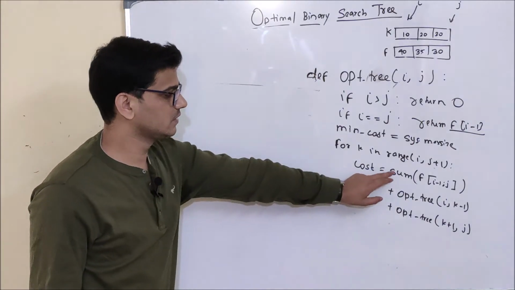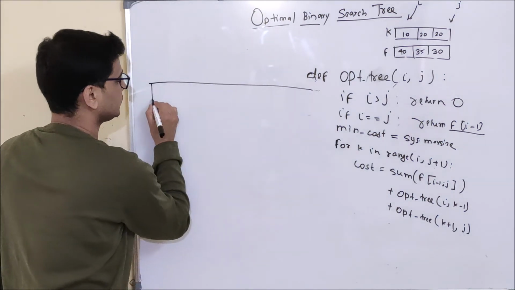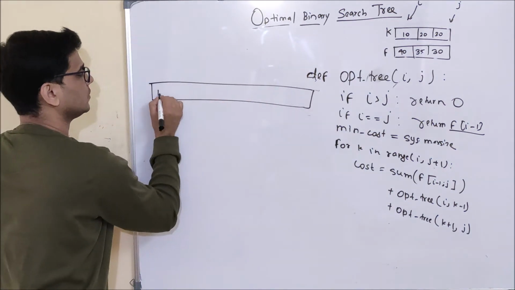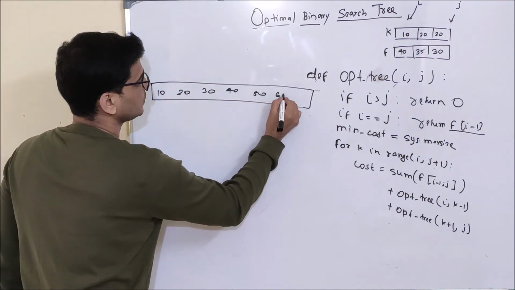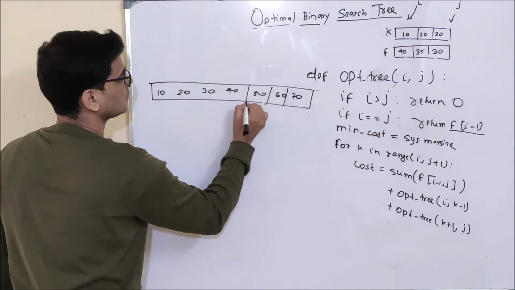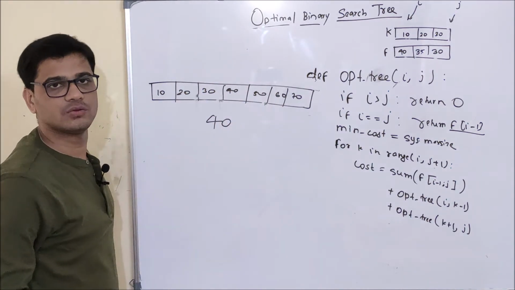Now let's see what these are. Let's take this example to understand it better: 10, 20, 30, 40, 50, 60, 70. Suppose I am making 40 the root.